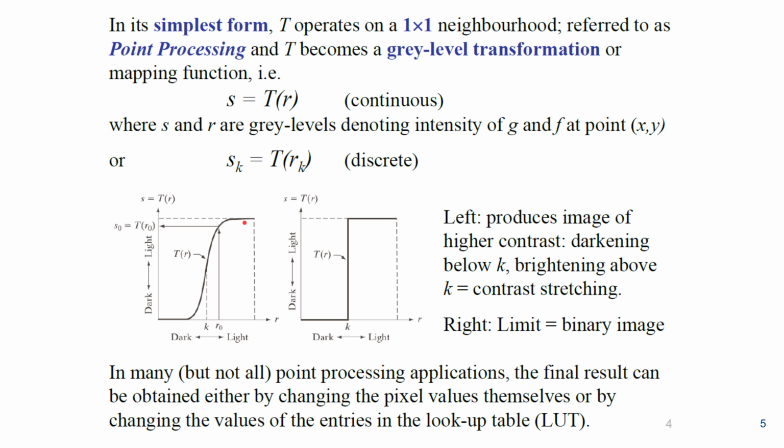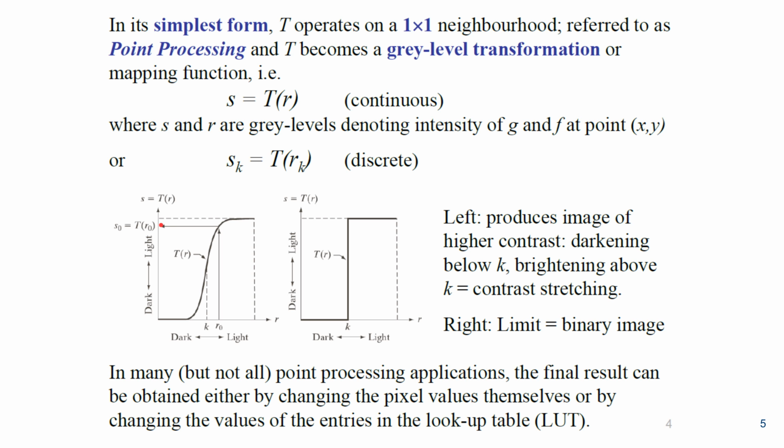This is an example where this is the input intensity along the x-axis, and this is the transform function T(r). For any pixel value we can look up and calculate what the output pixel value would be. So for this r0 value here, the output value is going to be equal to this s0.